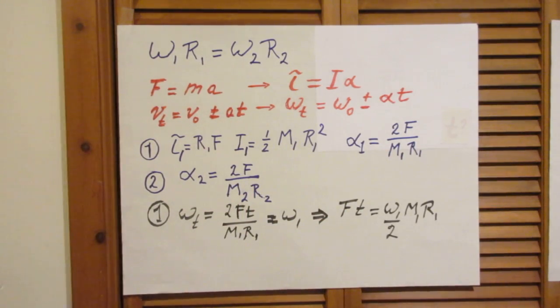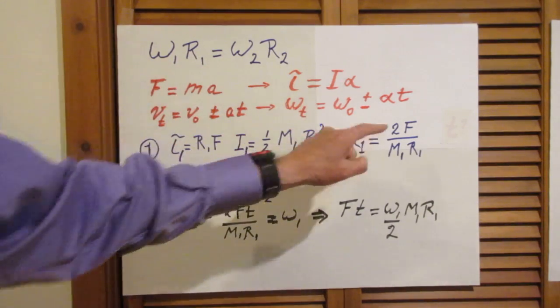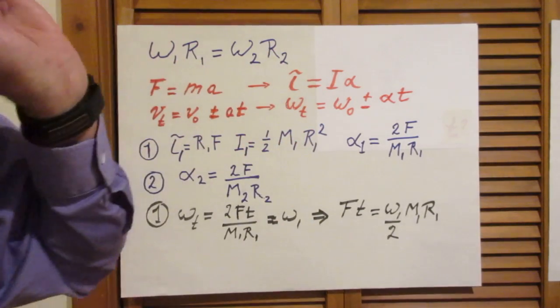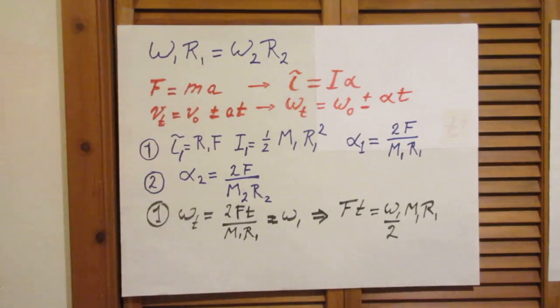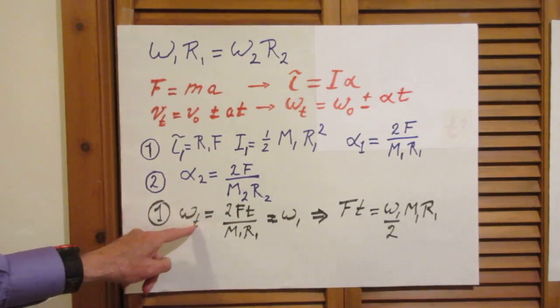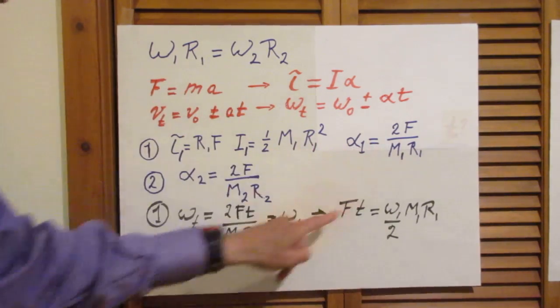However, when we're going to use that, we have to use this negative sign. Disk 1 is spinning up, disk 2 is spinning down. So we apply this now to disk number 1. Omega t, omega 0 was 0, is this alpha times t.